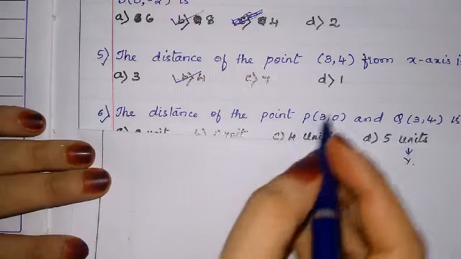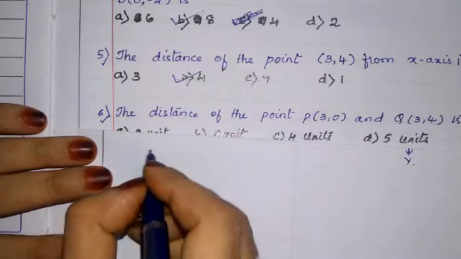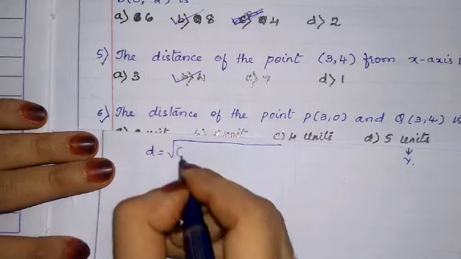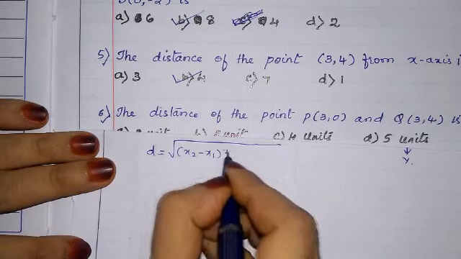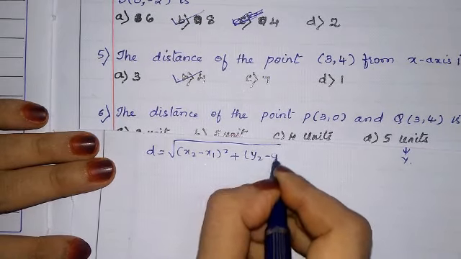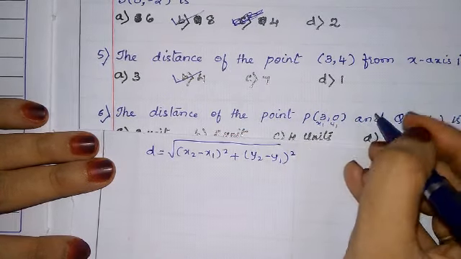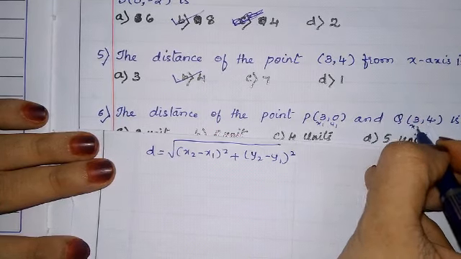Okay, you should be very quick again. D is equal to root of, we know the formula, (x2 minus x1) whole square plus (y2 minus y1) whole square. Now the points are x1, y1 and x2, y2.